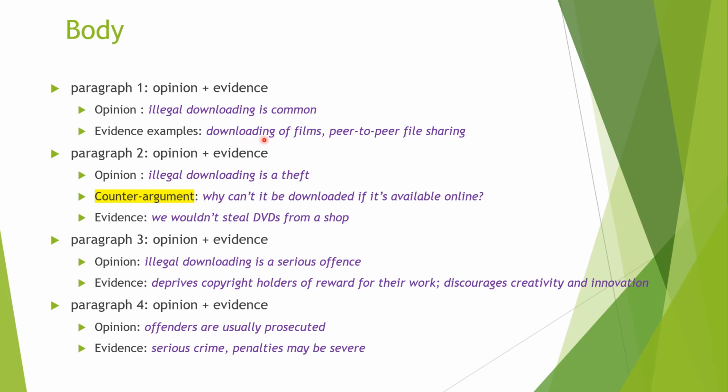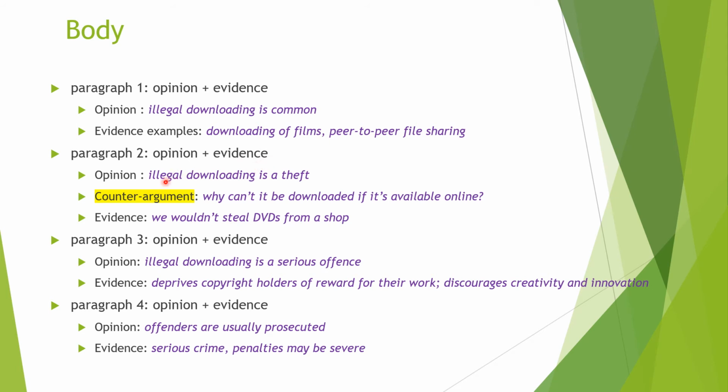You can say that downloading of films is very common, and teenagers tend to download films very easily on the internet, and after downloading they tend to share the file, so we have peer-to-peer file sharing. You can keep going in longer sentences to support your opinions with evidence. Same for paragraph 2, give another opinion with supporting evidence as well.